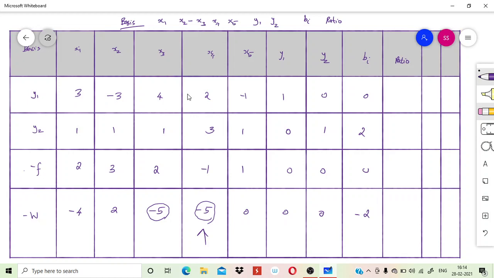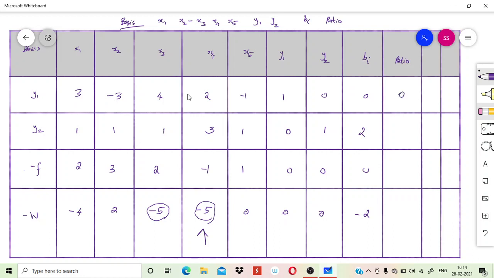You can find the leaving variable by filling this ratio column. In the ratio column, you take the corresponding elements of the solution column divided by the corresponding elements of the entering variable column. So 0 by 2 is equal to 0, you will get 0 here.